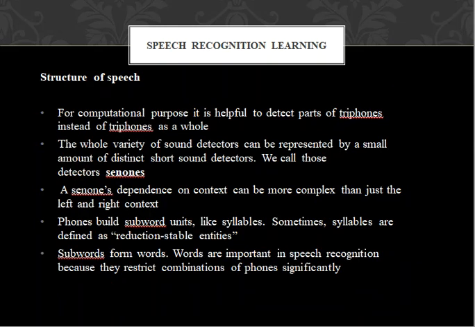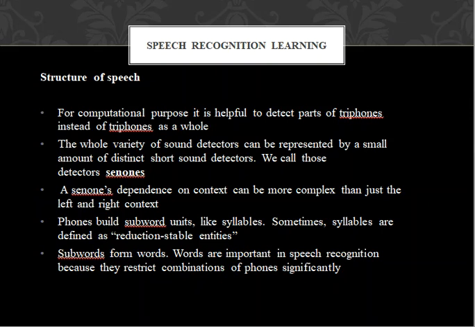For computational purpose, it is helpful to detect parts of triphones instead of triphones as a whole. The whole variety of sound detectors can be represented by a small amount of distinct short sound detectors. We call those detectors senones. A senone's dependence on context can be more complex than just the left and right context.